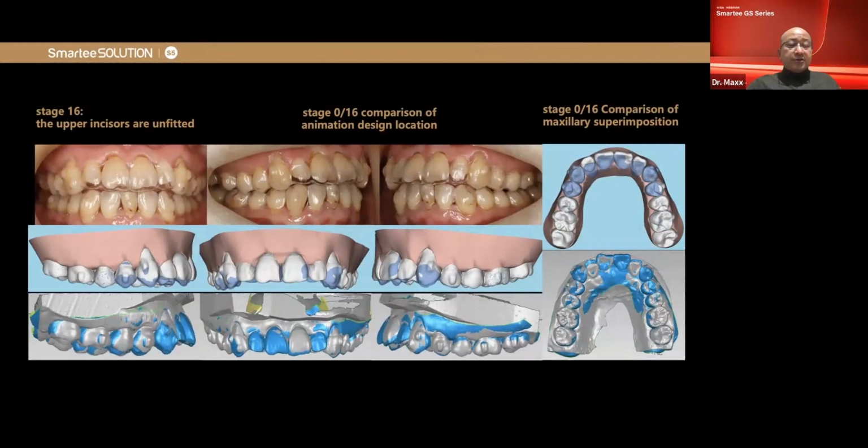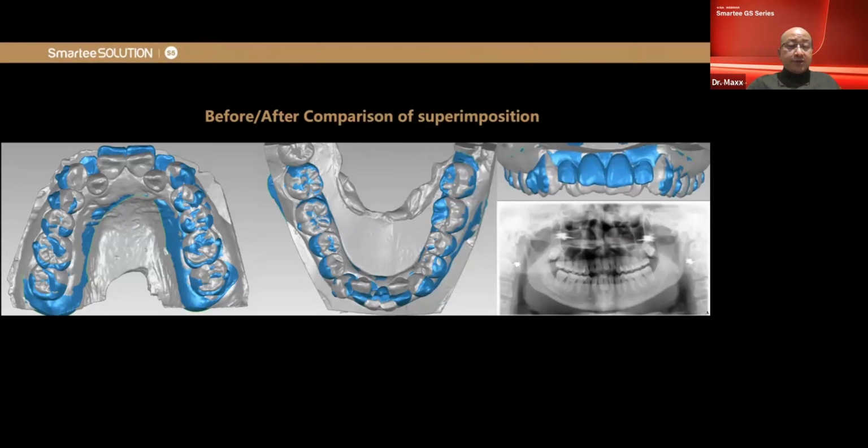Because with the proclination, they have a relatively intrusive effect. So that's the before and after comparison. We can see that with proclination, we actually intruded the upper front teeth quite a lot, so they can correct the crossbite without any interference. That's quite interesting too.